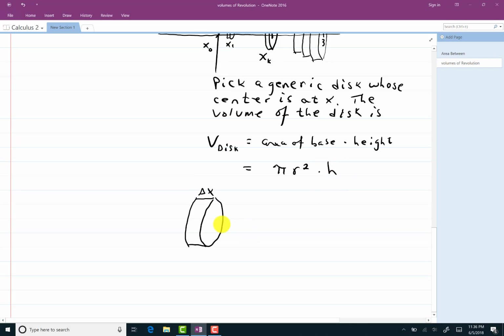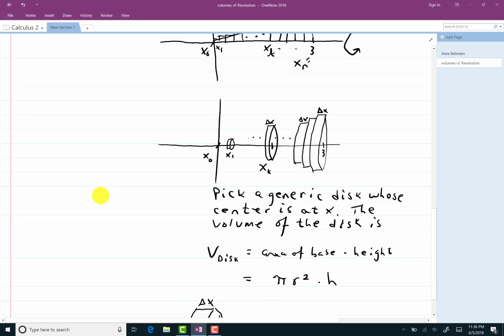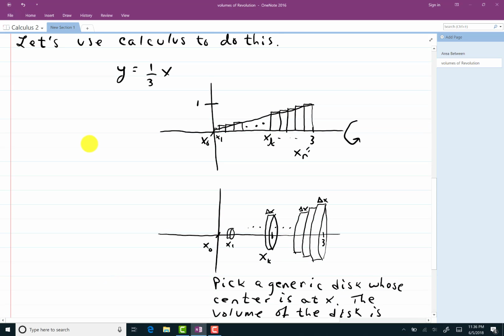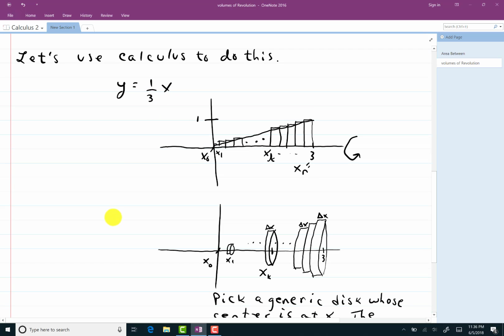Now the r, what is that going to be? Let's take a look here. We can figure out the r. If we go from the base up to here, isn't that f of x sub k? Well, what is f of x sub k except this, 1/3 x sub k.